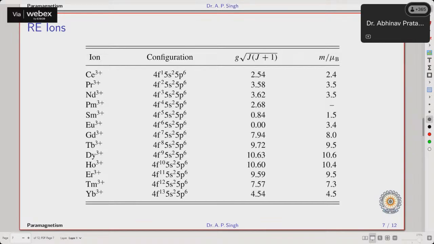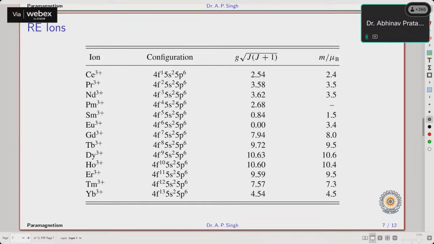Whether it works or not, you can make that calculation. That calculation is shown in this particular table. In this table, you will find that for different ions, the value is calculated. This is the value of g into square root of j(j+1). The configuration is also written over here.